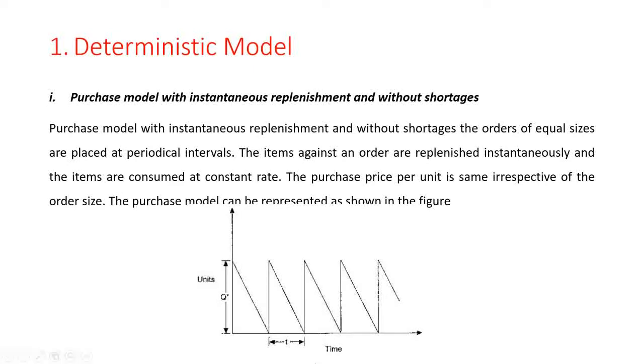In this case, orders of equal size are placed at periodic intervals. The items against an order are replenished instantaneously and the items are consumed at a constant rate. The purchase price per unit is the same irrespective of the order size.